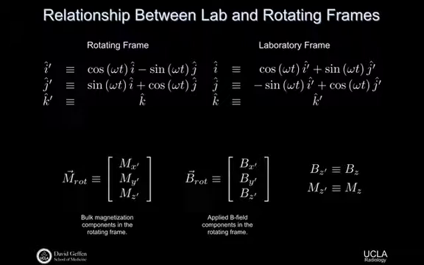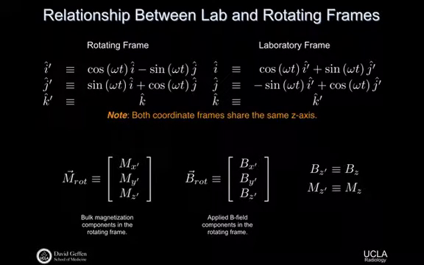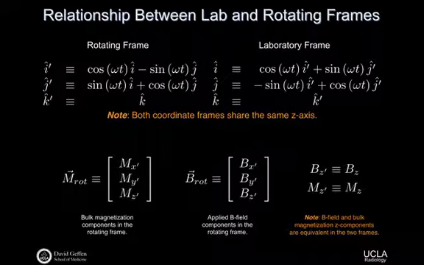We can choose coordinate systems to describe it in. We can choose to do it in the rotating frame, and then it's Bx prime, By prime, Bz prime. And again, because that z component is shared, then those components are equivalent, right? Any z component we have is equivalent in these two coordinate systems because that part hasn't been changed in any way, if you will. That I said already.